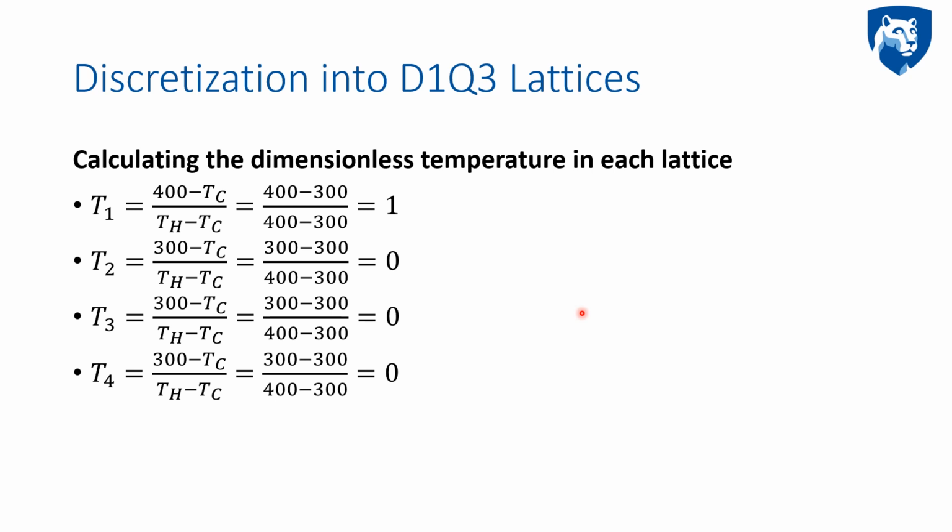We know that only the first lattice is affected by the initial temperature. So we would have 400 Kelvin, which would give us the dimensionless temperature of 1, and then the rest of the lattices are at 0.